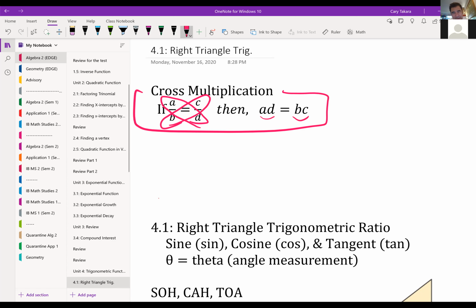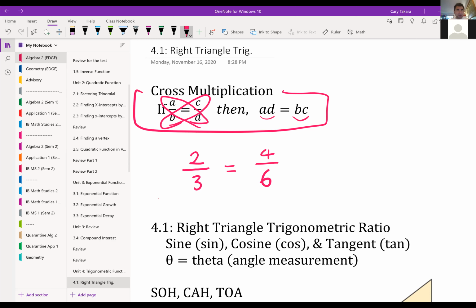Now, let me show you. This is not really a proof, but for example, give me two fractions that are equal. Let's say 2/3. Can somebody give me a fraction that is equal to 2/3, but with different numbers? 4/6.